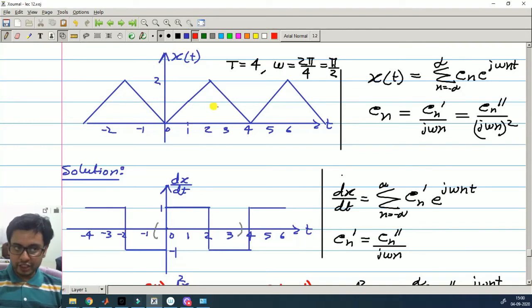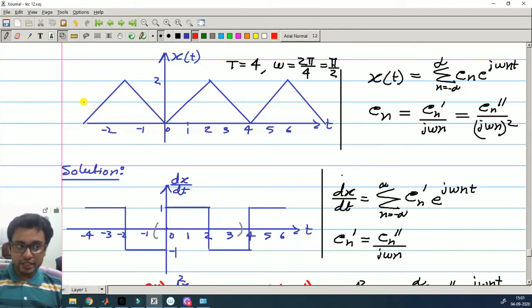So the average value, which is a constant, will have no effect in the derivative of the signal. And then when we are calculating Cn prime, that is the Fourier coefficients of the derivative, that will not depend on the average value of the original signal.